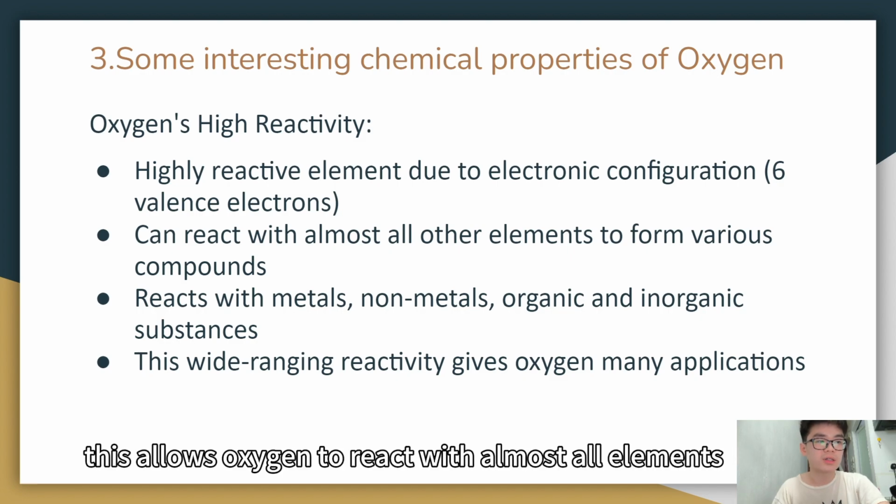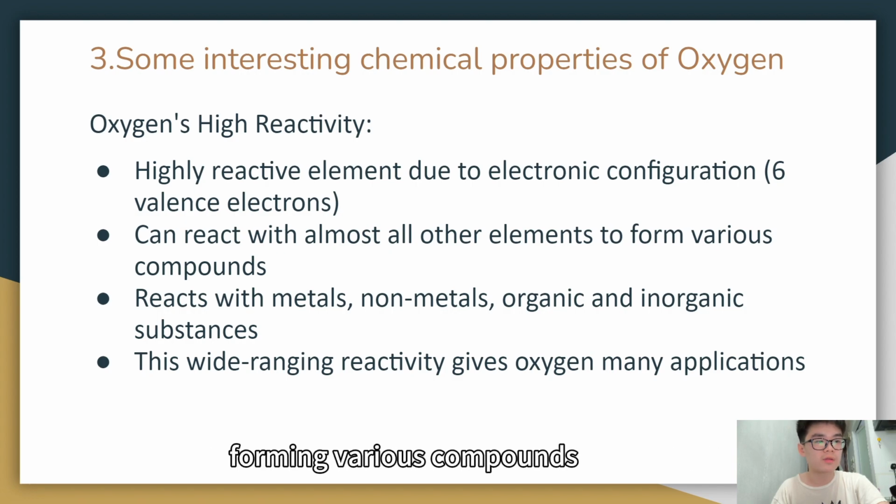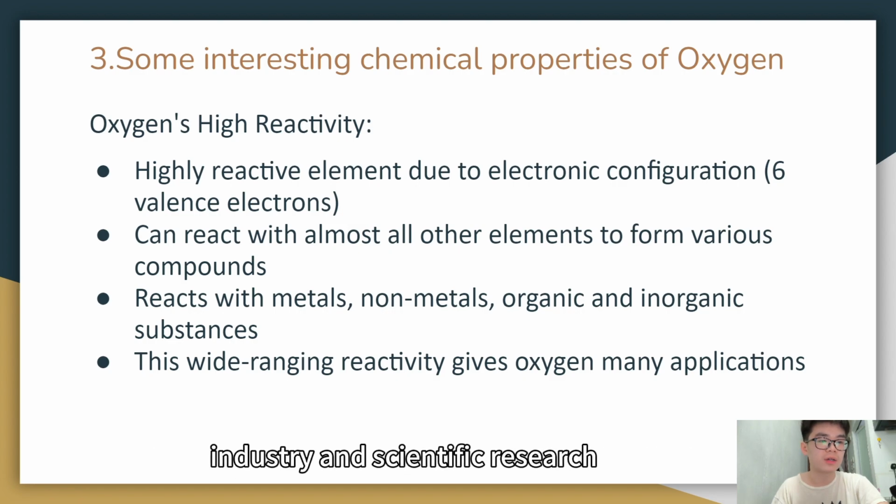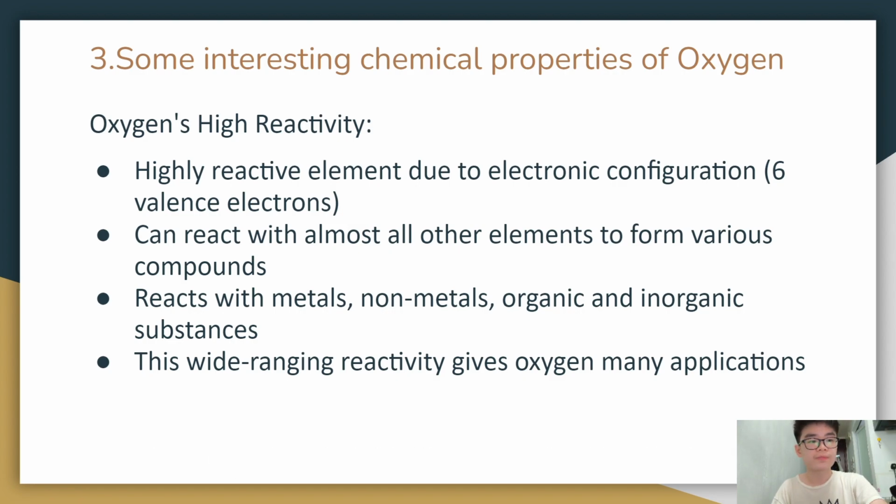This allows oxygen to react with almost all elements, forming various compounds, from metals to non-metals, from organic to inorganic substances. Oxygen can participate in reactions. This high reactivity gives oxygen a wide range of application in life, industry, and scientific research.